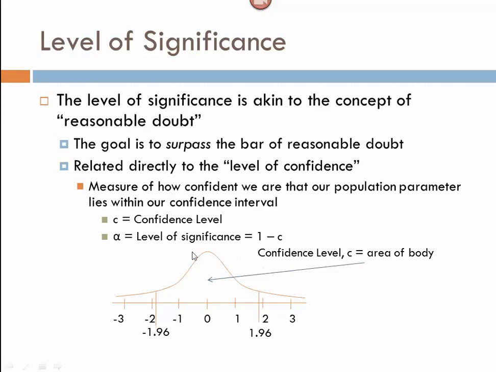And the confidence level represents this body, and it represents what should happen 95% of the time. The level of significance is the area of our tails. It's the area of the place that we would not expect our sample to fall, if indeed the null was true and our mean lay here at the middle.